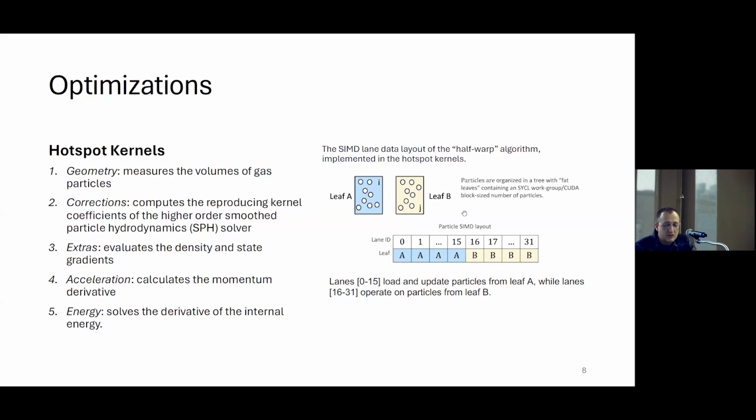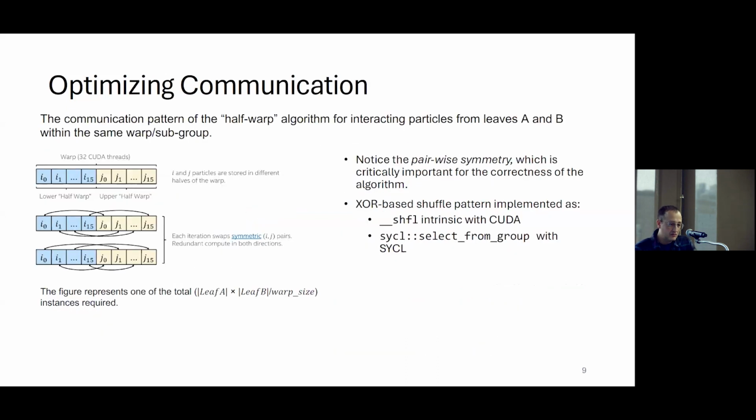So the way this maps down to hardware is, for the SIMD layout, we pack half of the SIMD lanes with particles from one leaf and half of the SIMD lanes with particles from another leaf. And then the interactions happen between the particles in the different SIMD lanes. One thing to note about the particular communication pattern, because of the equations that are involved, is that there's a pairwise symmetry.